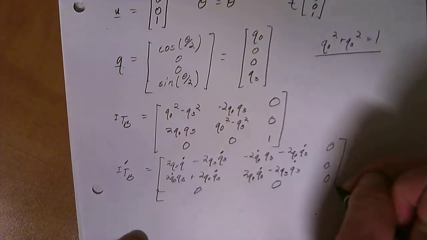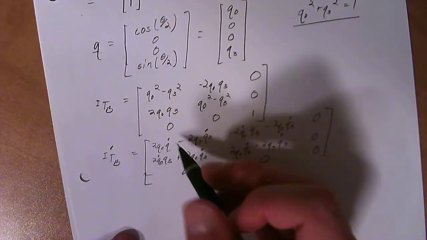Extend that back down, and there you go. And that's your ITB dot with quaternions.